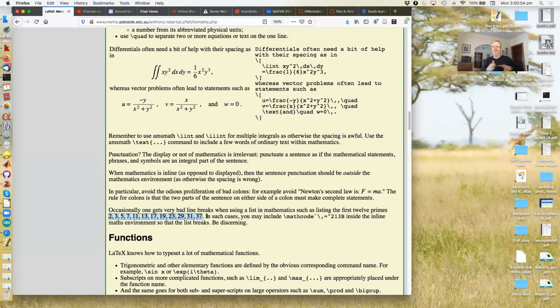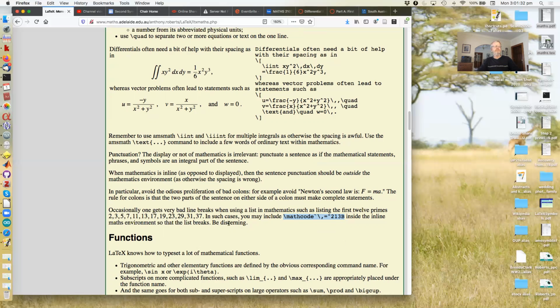Because those commas are inside the maths environment, LaTeX doesn't want to line break them, and so it generally doesn't. So you can override LaTeX's distaste of putting line breaks for those commas by this magical recipe. You include into that maths environment this command, and it tells LaTeX that the commas in there are commas that you can put a line break in.